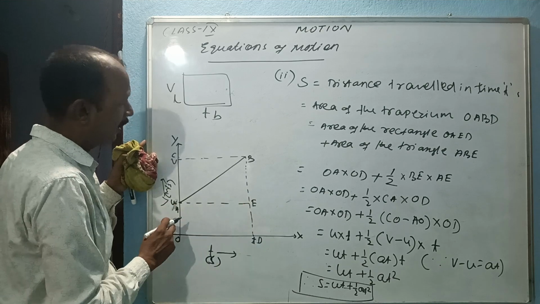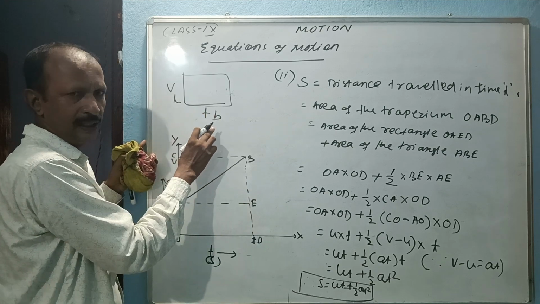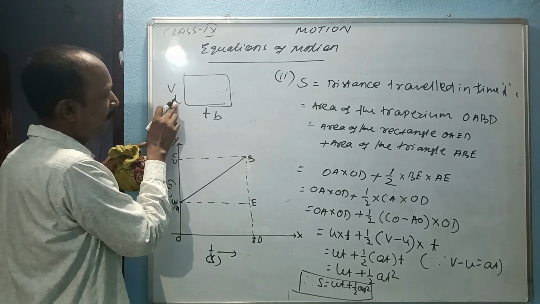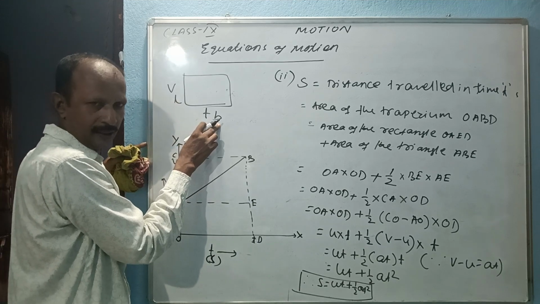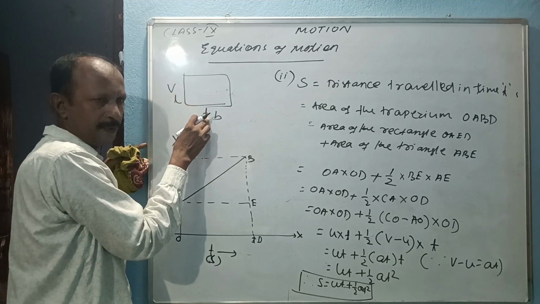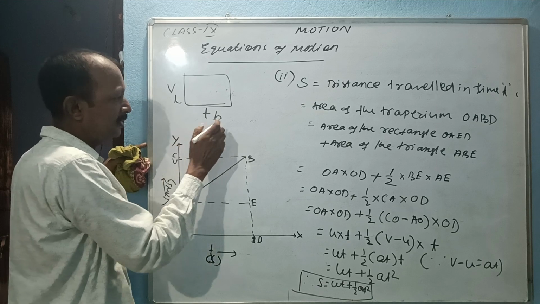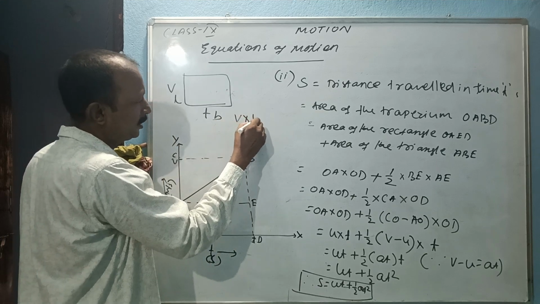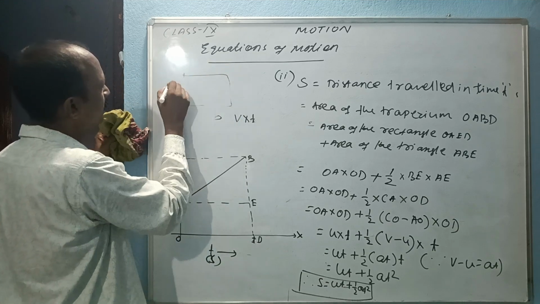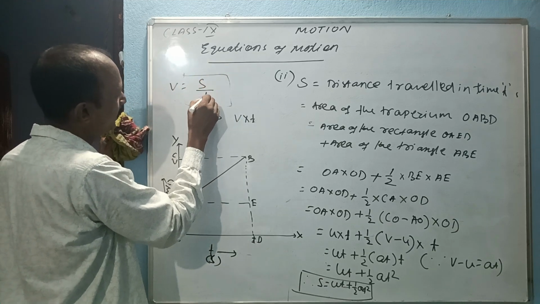Suppose this is the rectangle. I want to find the area, so I have to multiply length into breadth. In place of length, here velocity is there. In place of breadth, here time is there. So I am multiplying v with t. Already we know that velocity is equal to displacement by time.